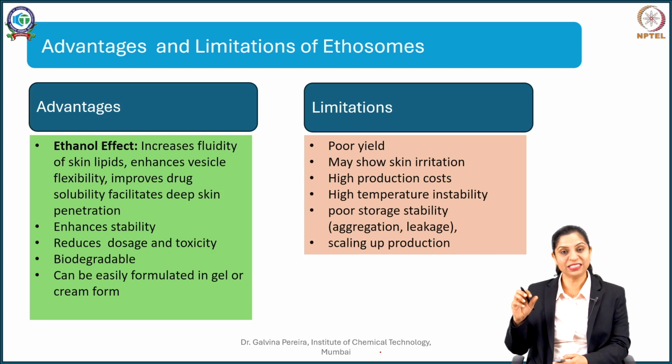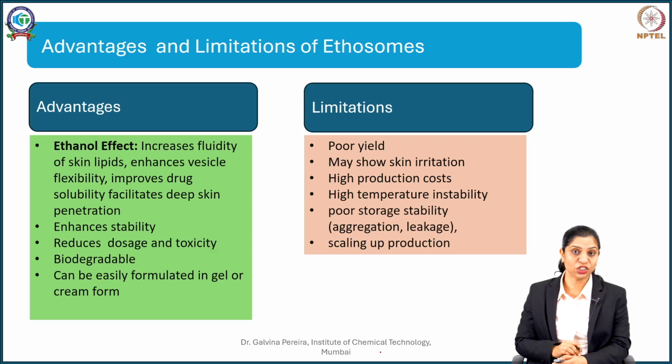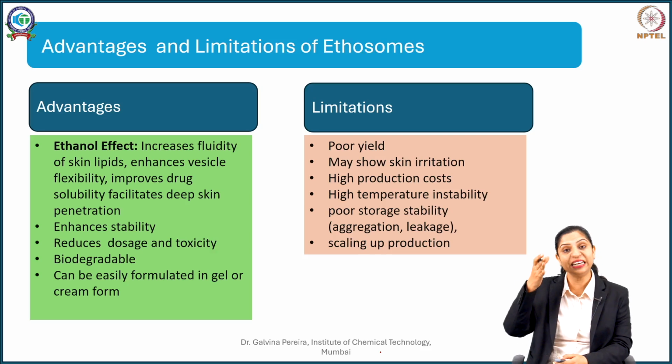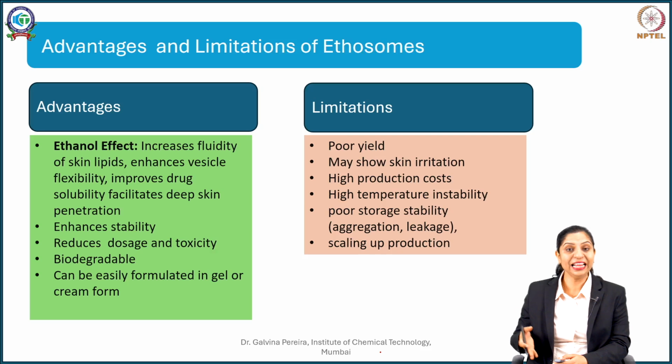So now your vesicles are also soft and flexible, and as a result, because of their softness, flexibility and entrapment of ethanol molecules, your drug permeation is improved. The ethanol enhances intracellular as well as intercellular permeability, and as a result they are much more bioavailable.